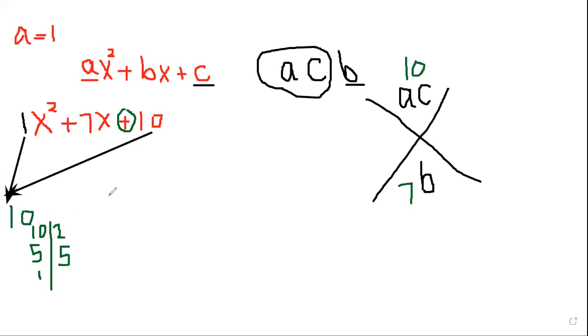Then we can say 10 multiplied by 1 is 10, and 2 multiplied by 5 is 10. Now we will check. Are we looking for the sum or the difference? Sum. How do you know that you are looking for the sum?